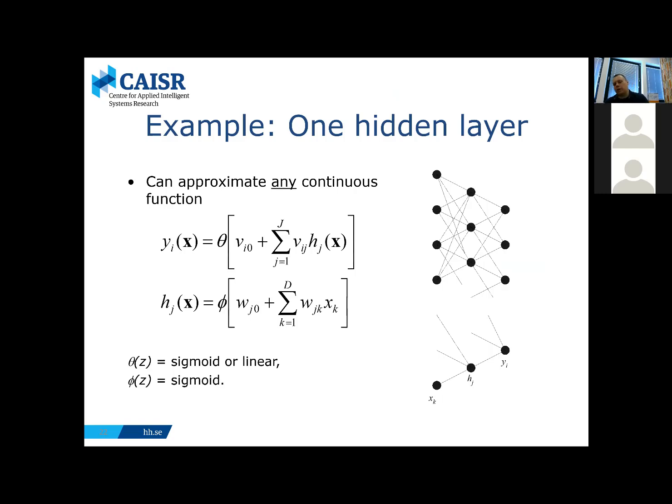So this equation here assumes a fully connected network. That's not the only way of doing it, right? There are networks not fully connected. The fully connected case is the most general one because you can always say that there is a connection, but the weight of this connection is 0, so it's as if there wouldn't be a connection.